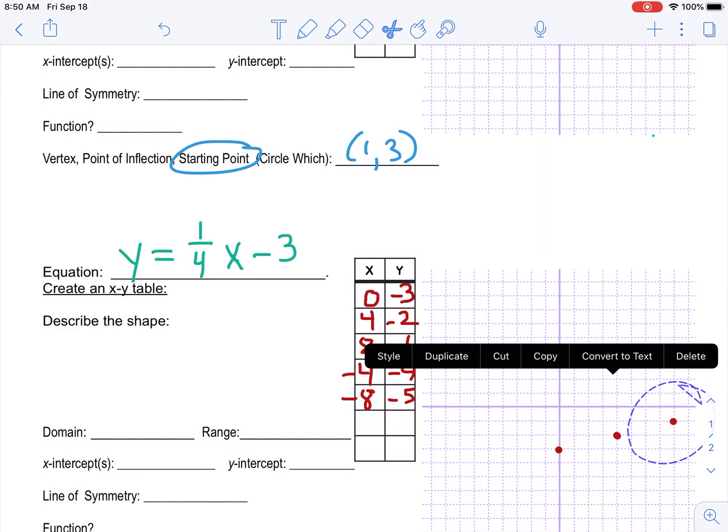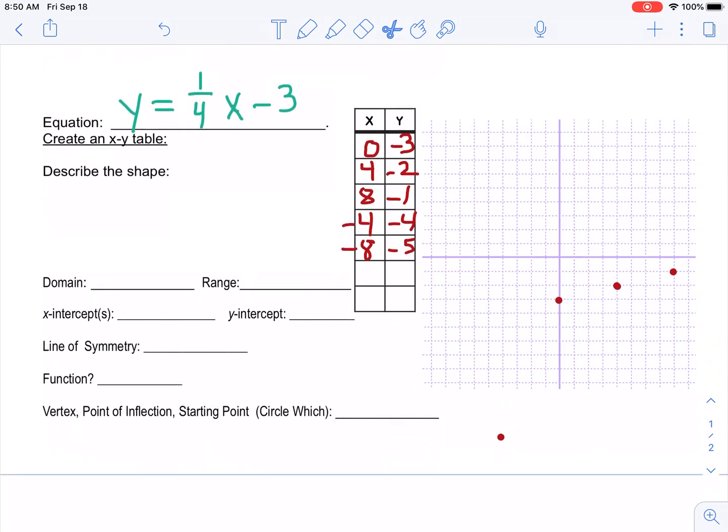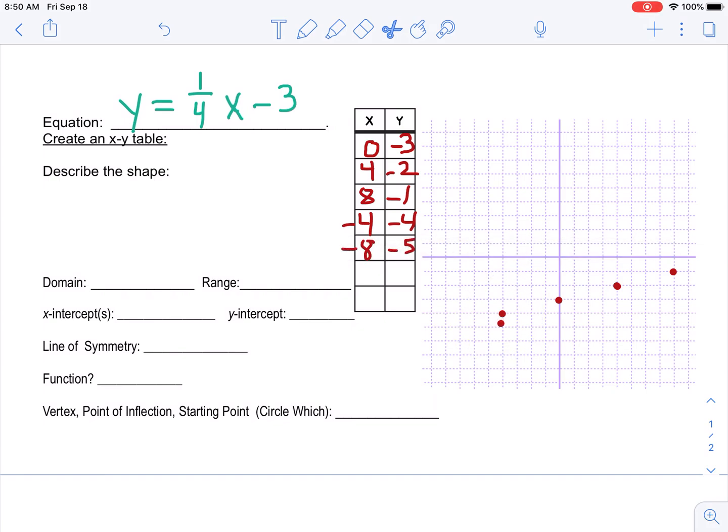If you know how to graph this using the slope and the y-intercept, hey, that is fantastic. You may gladly do that. Then negative 4, negative 1, and one more time. This one should be over here. Okay, so I've got a graph.